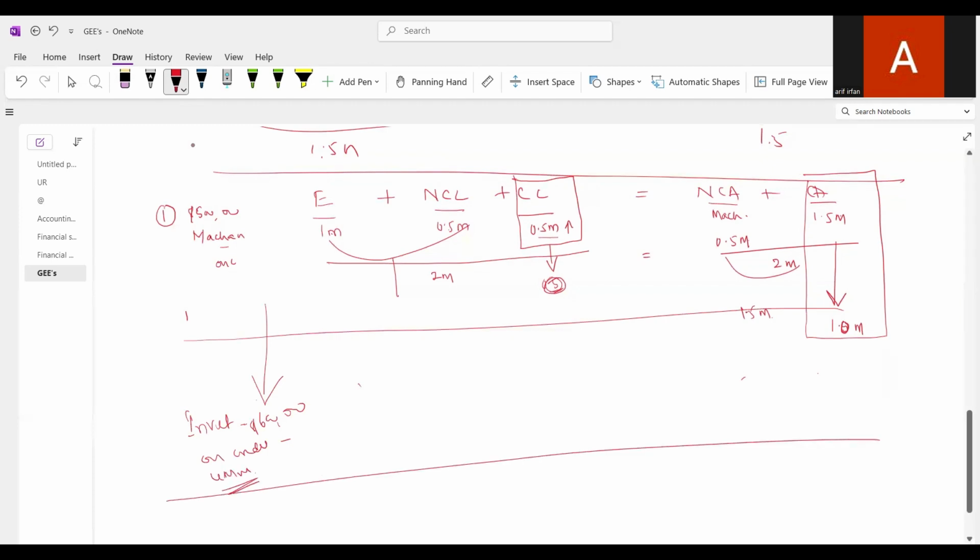Now tell me, currently we have equity 1 million. Currently we have non-current liability of 0.5 million. Current liability we have 0. Non-current asset we have 0.5 million. And current asset of 1 million, because 0.5 million we have used for buying the non-current asset.